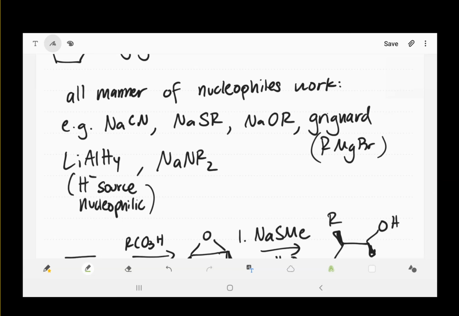So, I want to do a couple of, let's say, synthesis problems. I'm going to just put them up, and I'm going to give you a couple minutes to work on them, and then we'll go over them together.